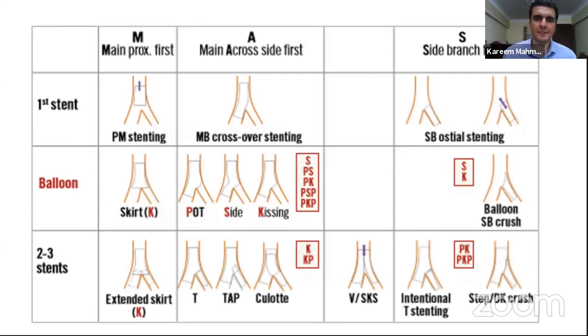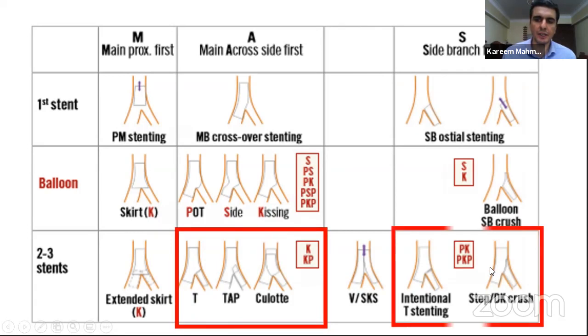First, this is the ABC algorithm for treatment of bifurcation lesion. We'll talk about the two-stent technique. If we decided to do a two-stent technique for a bifurcation lesion, the first option is to start with a main vessel with the main stent across the side branch, as in the T technique or in the Culotte technique. The other option is to do a stenting of the side branch, like a step or DK crush technique.